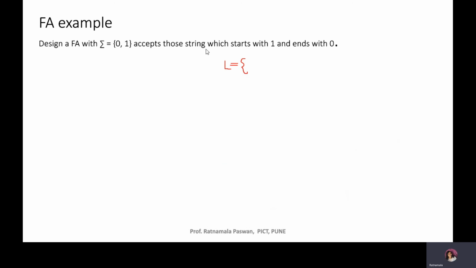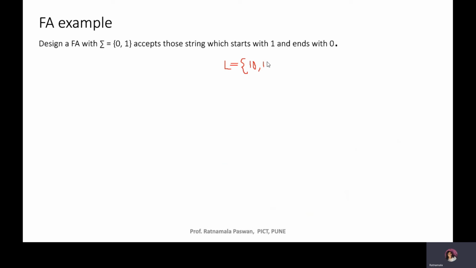It accepts all the strings which start with 1 and end with 0. So the minimum length string present in the language is 10, right? Because minimum it should start with 1 and end with 0. Now you can add all the strings which have this combination, starting with 1 and ending with 0, and in between you can take any number of symbols of 1 and 0.